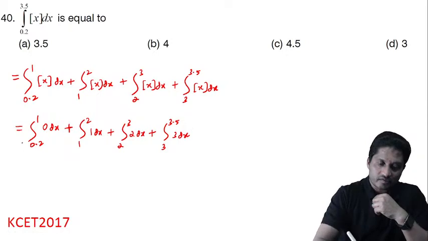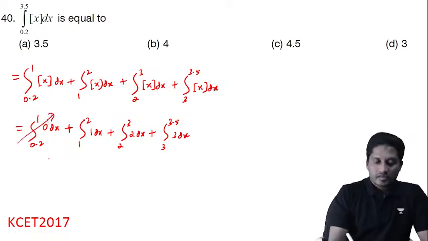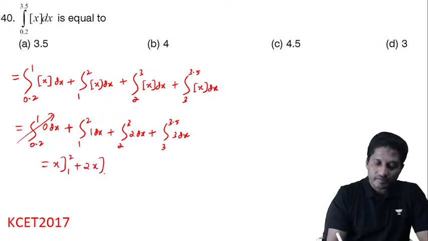Anyways, this is 0. Integration of 0 is 0. Integration of dx is x between the limits 1 to 2. 2 is a constant, taken out. Again, dx is x between the limits 2 to 3. Again, dx is x between the limits 3 to 3.5.